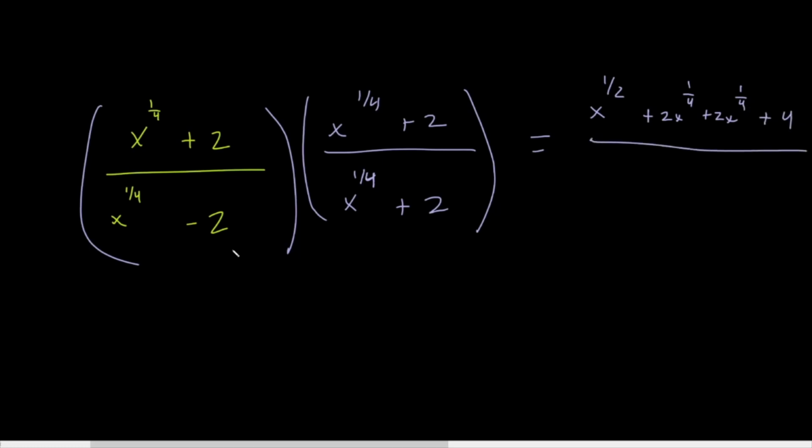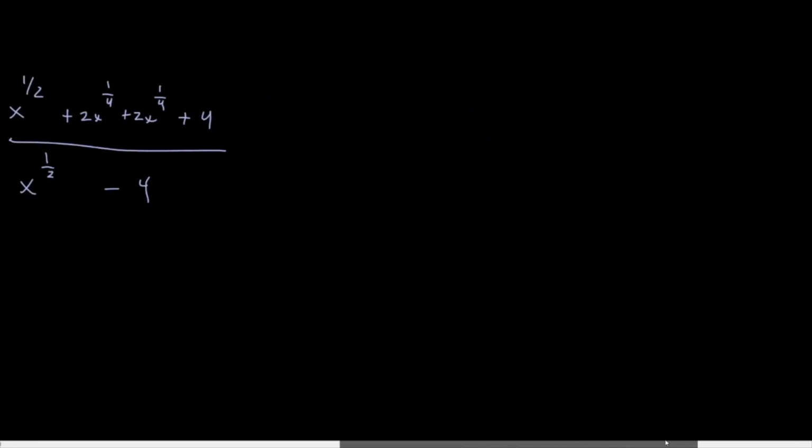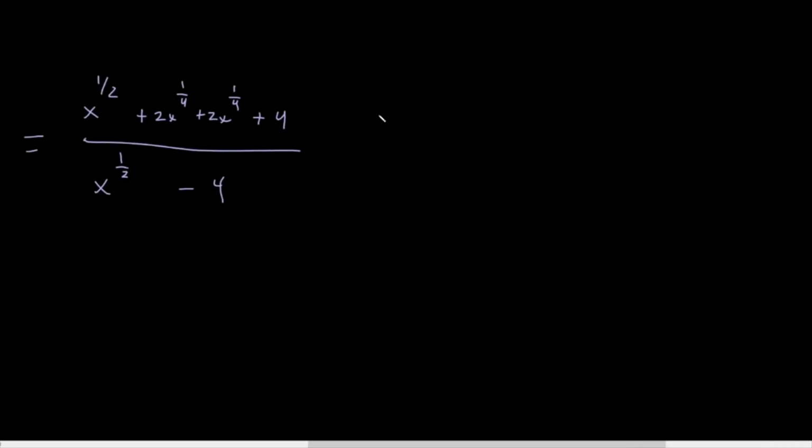I'll divide by, first gives me x to the 1/2. Inside and outside cancel because of conjugate business. So I get this. I'm just going to simplify the numerator: x to the 1/2 plus 4x to the 1/4 plus 4, divided by x to the 1/2 minus 4.